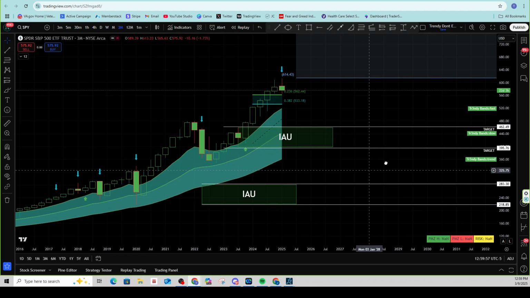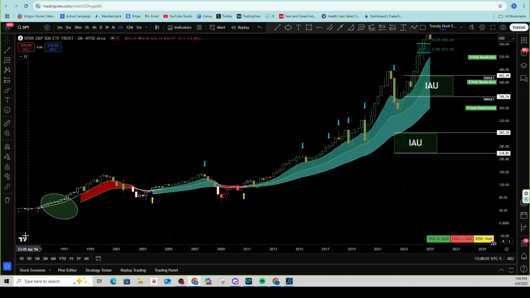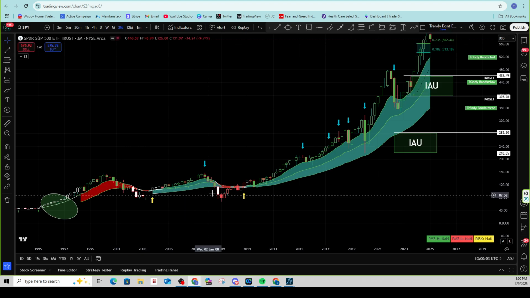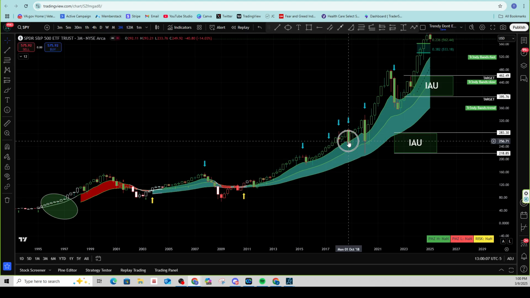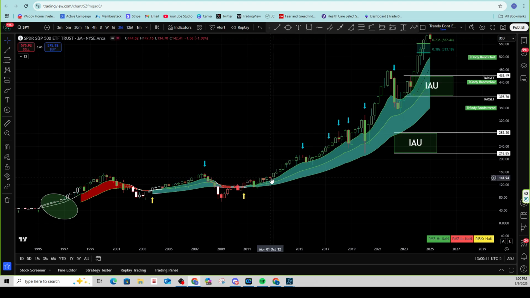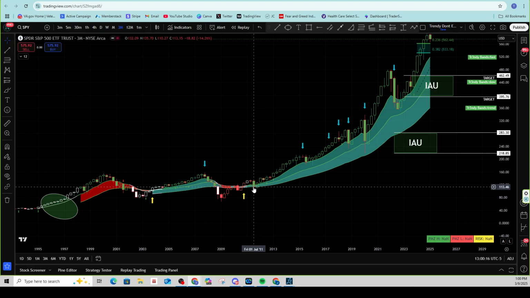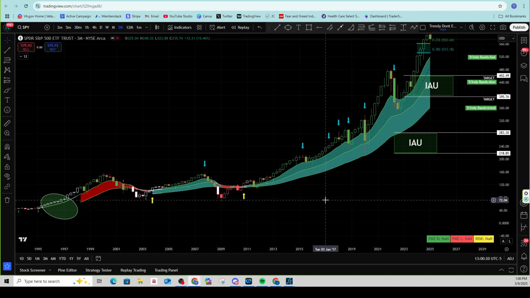Now, one thing to take note of when we look at the cloud is it's pretty easy to understand that when you're above the cloud, we're riding the trend. And when we come down to the cloud, we're typically bouncing. And it has worked for a very, very long time. The last time that we were even closed underneath the cloud looks like it probably came in here around 2011 and back here in 2010.